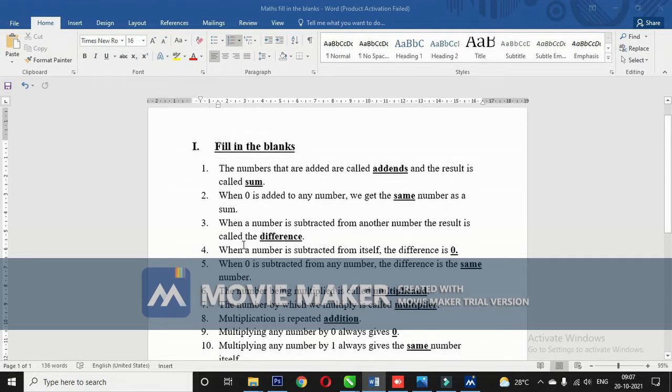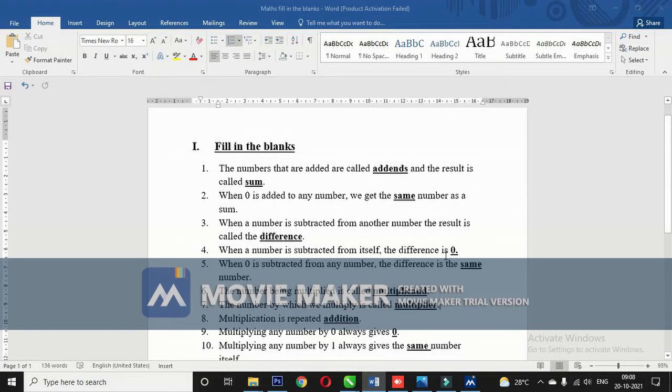Now the third question, this is related to subtraction. When a number is subtracted from another number, the result is called the difference. And the fourth question: when a number is subtracted from itself, the difference is 0.